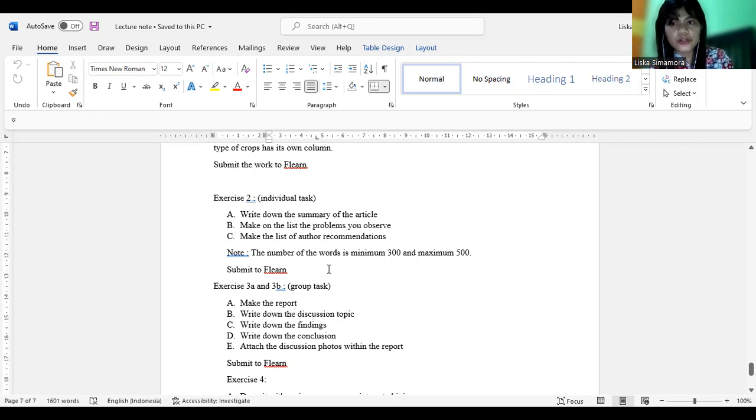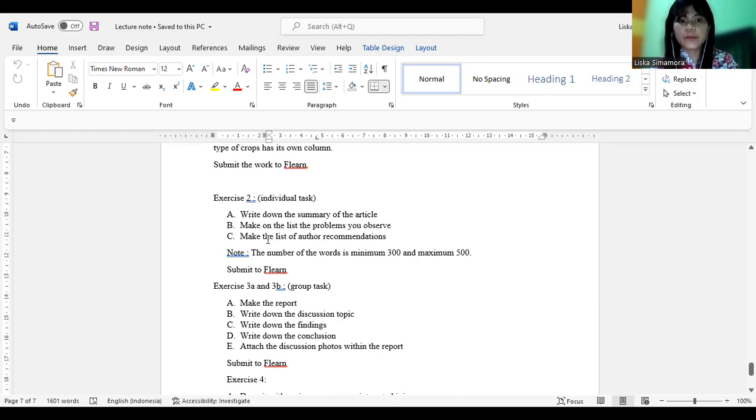After you have a complete comprehension of that article, you have to write down the summary of the article. The summary is about what is the background, how they analyze the problem, what is the result, and what is the conclusion.